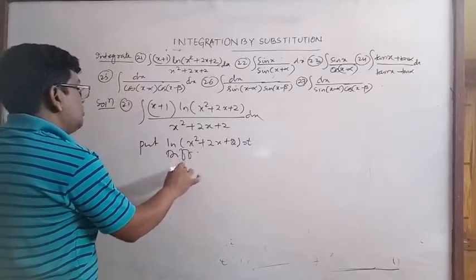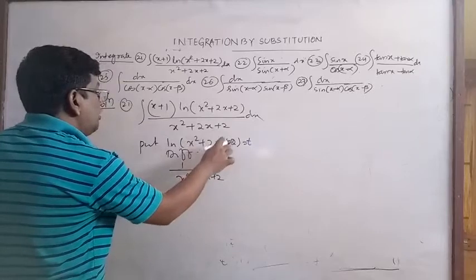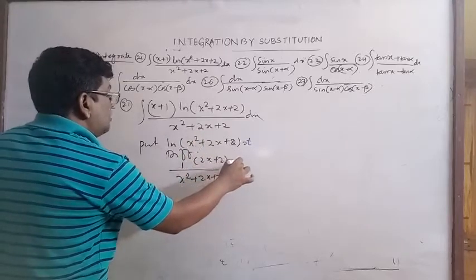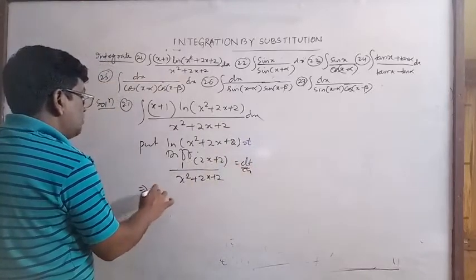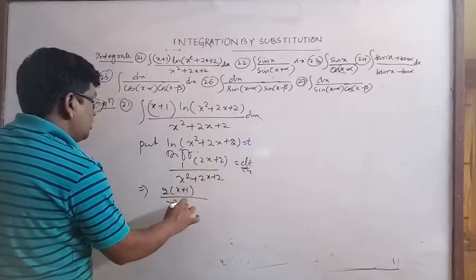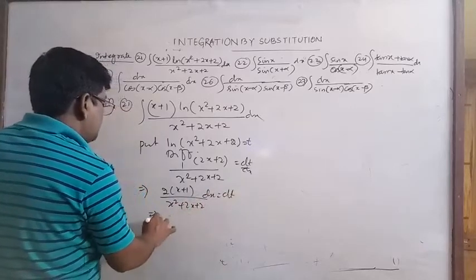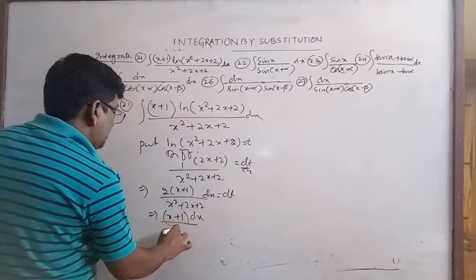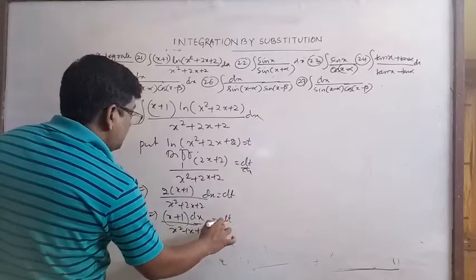Differentiate: 1 by x square plus 2x plus 2 into the derivative of the bracket term, 2x plus 2, is dt by dx. Take 2 common, so 2 into x plus 1 divided by x square plus 2x plus 2 dx is equal to dt. That implies x plus 1 dx by x square plus 2x plus 2 is equal to dt by 2.